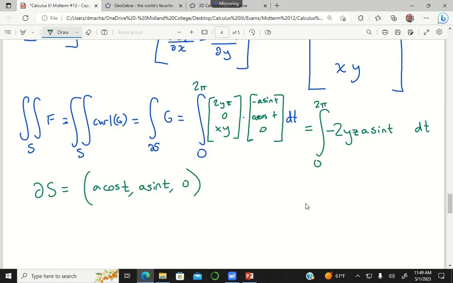Sine of 0 is 0. Sine of 2 pi is 0. And so the whole thing has to be 0. Z is equal to 0. And yeah, since we've got 2yz and the z in my parametric curve is 0, we set z equal to 0 when we replace that. There's multiple reasons why that's 0.